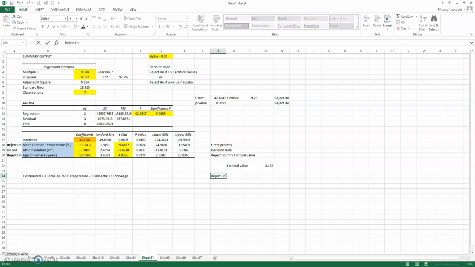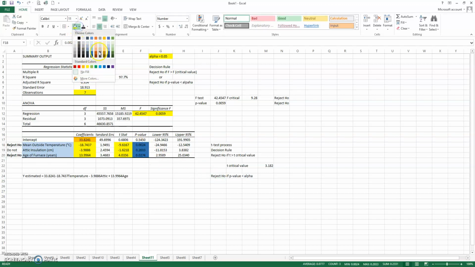basically meaning that we reject the null hypotheses if the p-value is less than alpha. Alpha is 5%. Here are our p-values. Let's color those in. These values have been adjusted for a two-tailed test. So the p-value for mean outside temperature is 0.024.